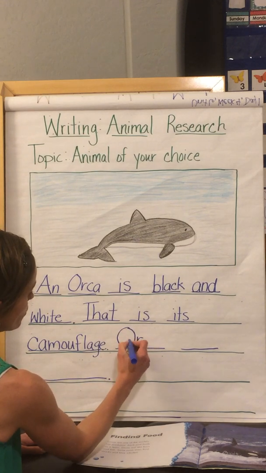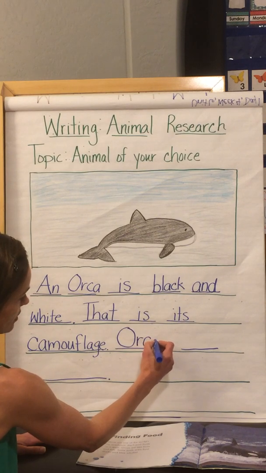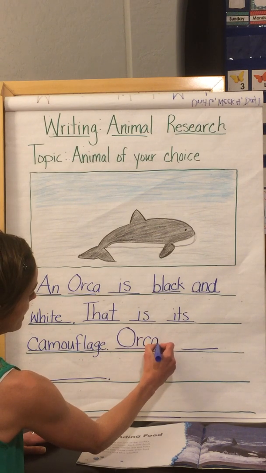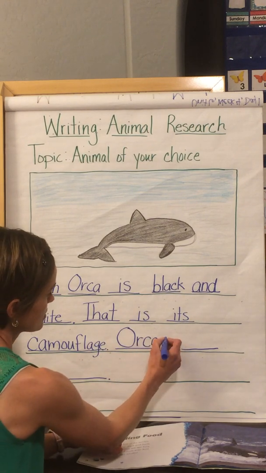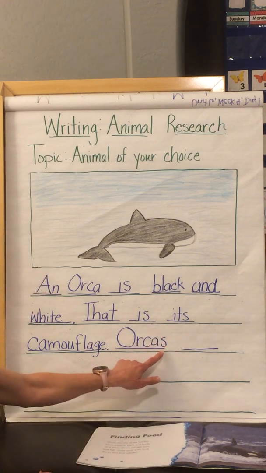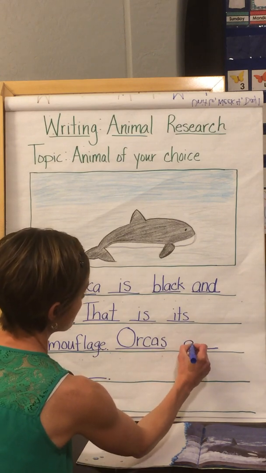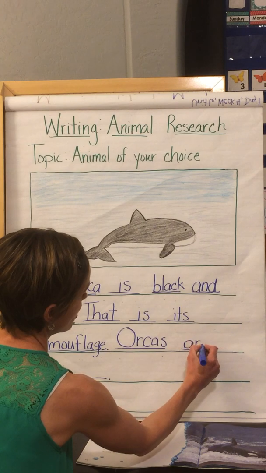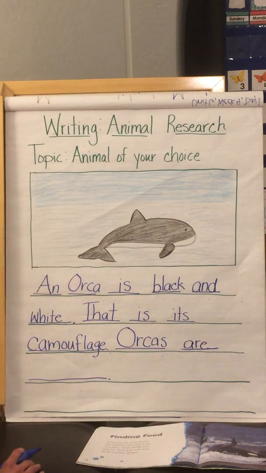Or is O-R. Now it sounds like a U, but it's actually an A. Remember, A can say A or uh. Orcas, so more than one. Orcas are, that's a sight word, A-R-E.